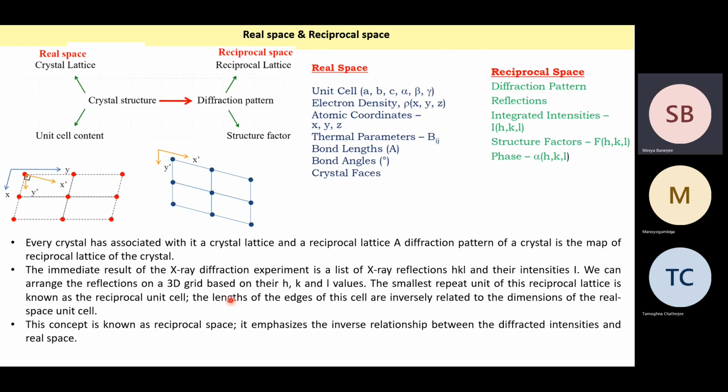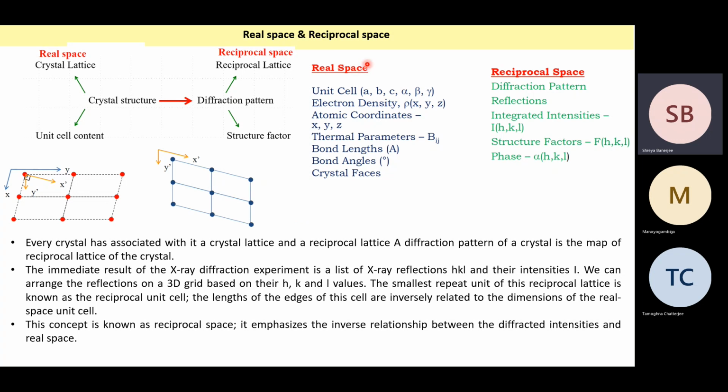We can arrange the reflections on a 3D grid, and based on the smallest repeat unit of this reciprocal lattice, which is called the reciprocal unit cell, we can find out the length of the original crystal lattice. So there is an inverse relationship between the diffracted intensity and the real space.